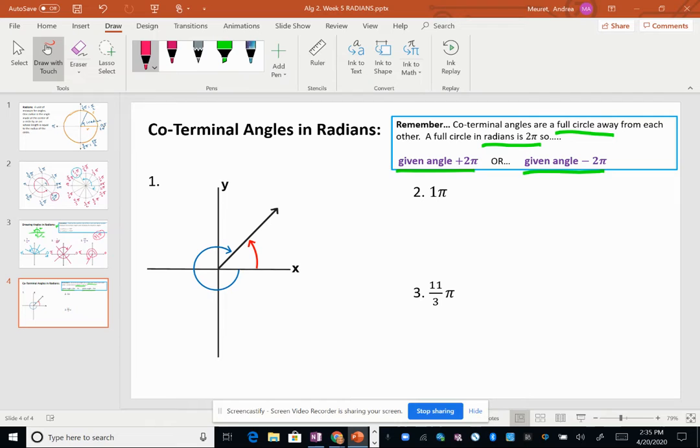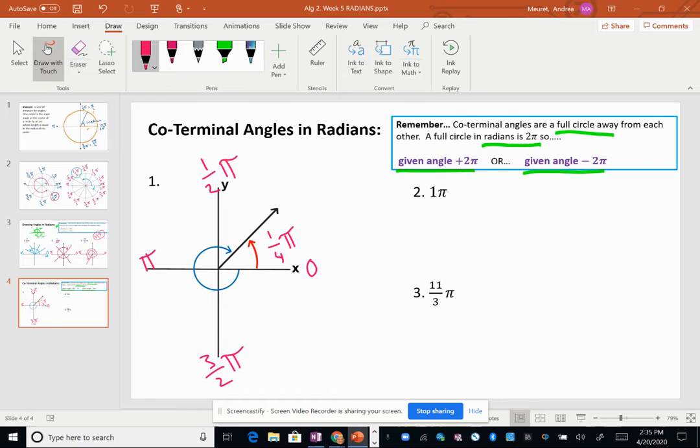Now, for the first example, I included a diagram. So knowing that this is equal to 0, and this is 1/2 pi, this is pi, 3/2 pi. The red angle is halfway to half of pi, so it's equal to 1/4 of pi.